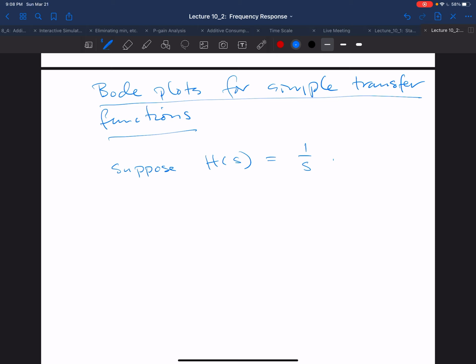What happens to the sinusoid as it passes through the integrator is completely determined by the frequency response, H(j omega). And in the case of the integrator, that's 1 over j omega. So again, the Bode plot that we're going to draw consists of two plots, one for the magnitude and one for the phase.